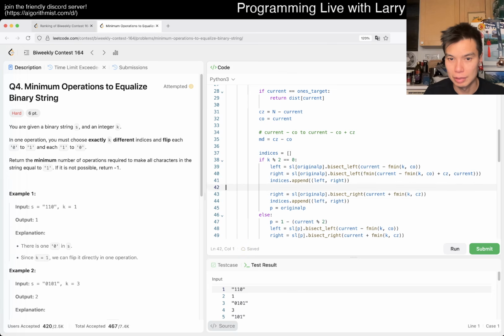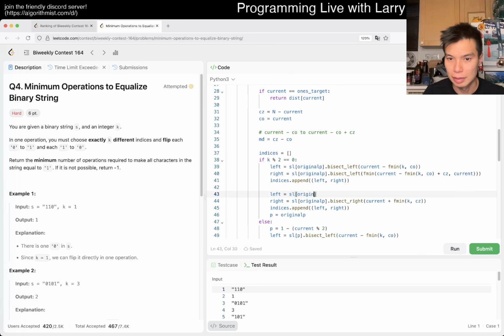And then now we do it again. Oh, this should be bisect right. Why not? I hope. So if it's current, then it includes current. Is that right? Maybe that's fine. We just have to do it this way. This is actually not given right.